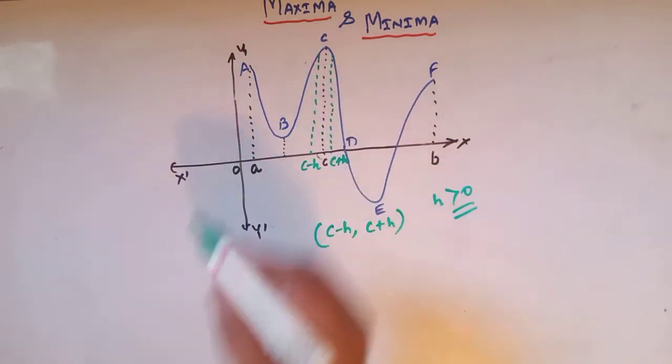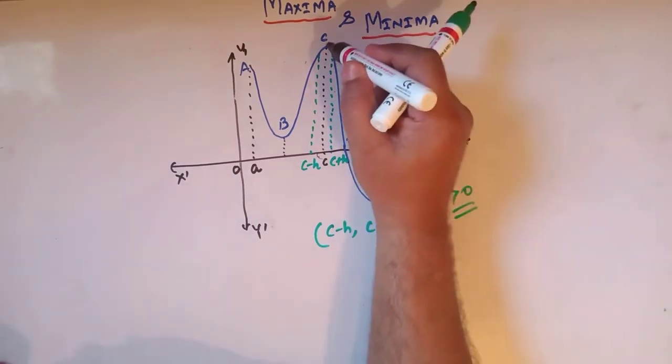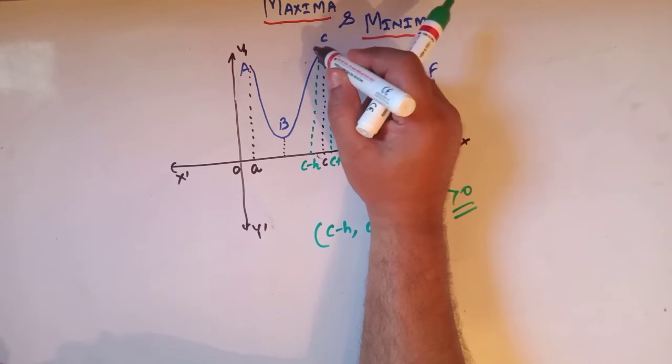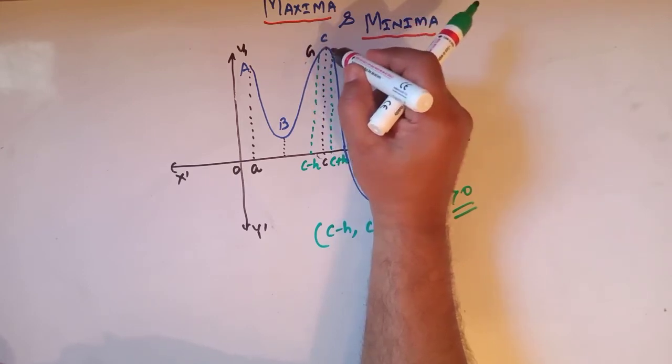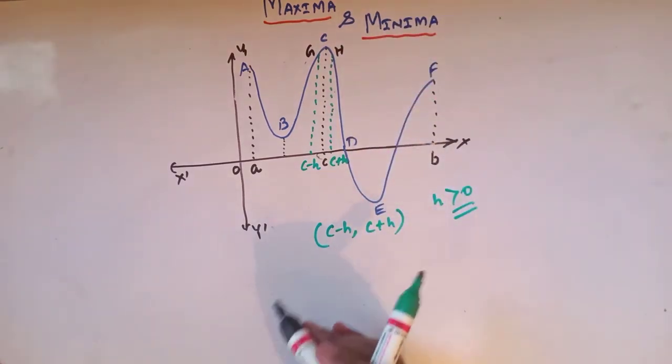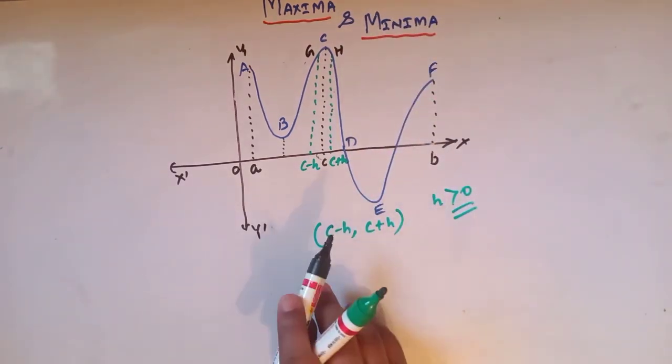Now see here we have this point C, and to the left of this point C, say this point is G, and here we are taking the point as H, as we have done in the case of minima.